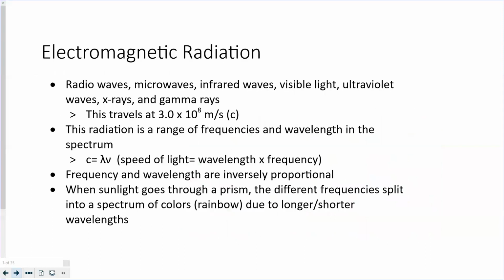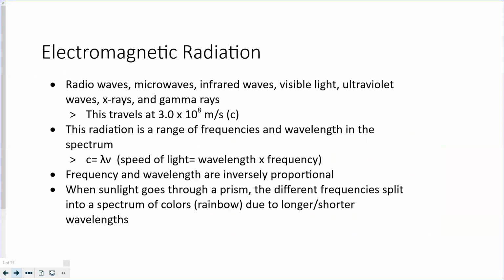So with waves, all waves are a different type of electromagnetic radiation. This includes radio waves, microwaves, infrared waves, visible light, ultraviolet waves, X-rays, and gamma rays.